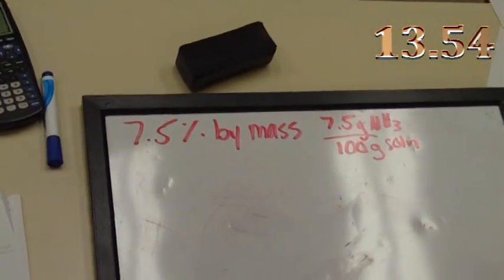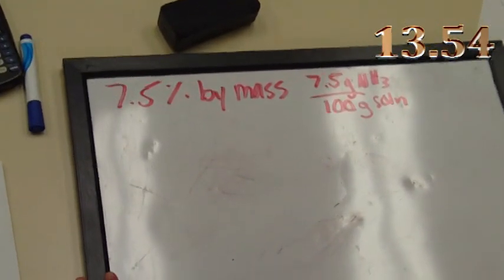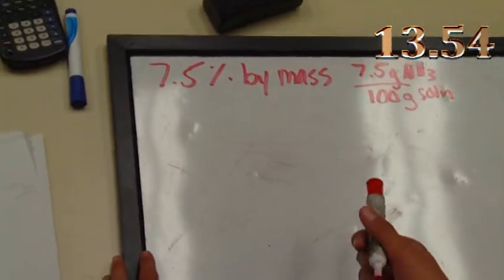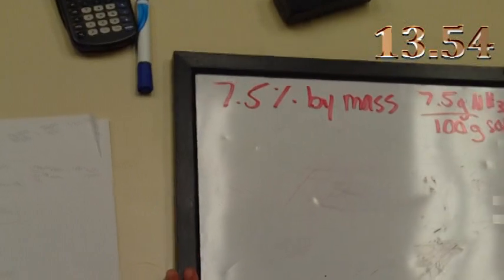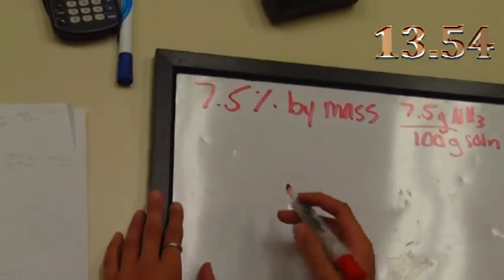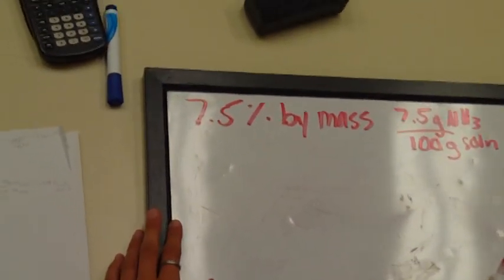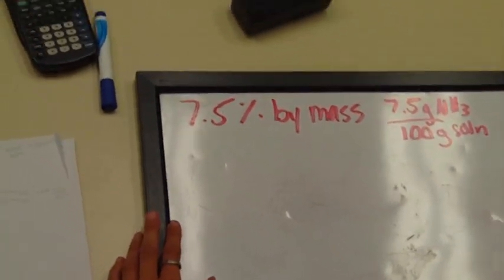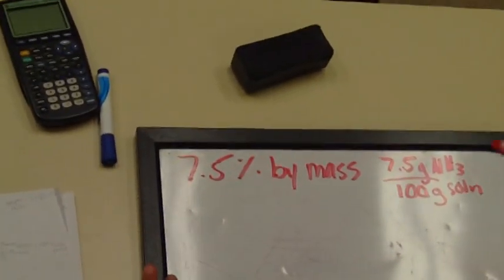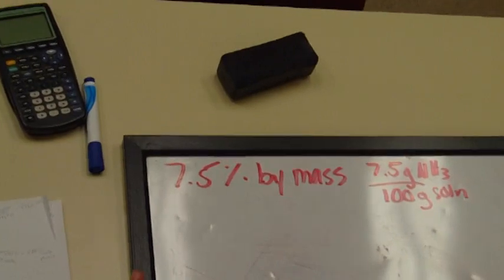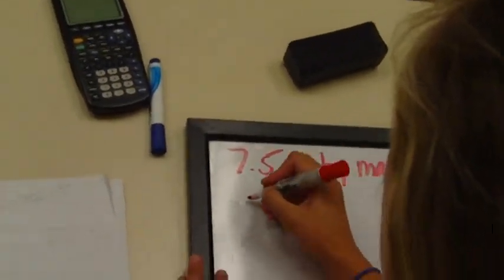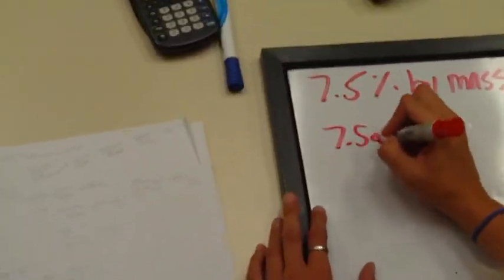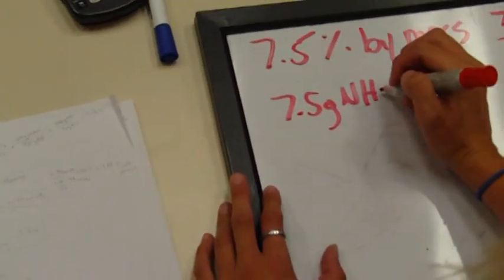So the first thing that it wants us to get is the mole percent, which is different than the mass percent because it's in moles. So what we need to do is take what we know and convert it into moles. So we know we have 7.5 grams NH3.